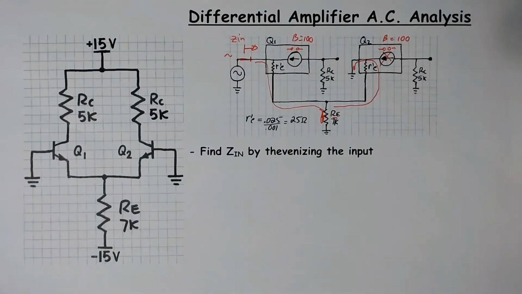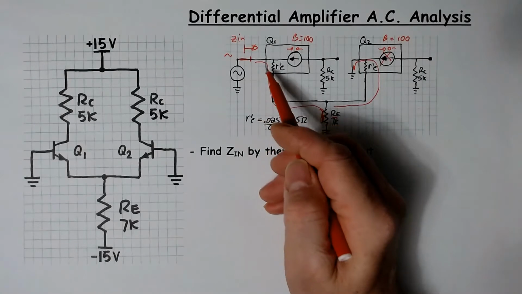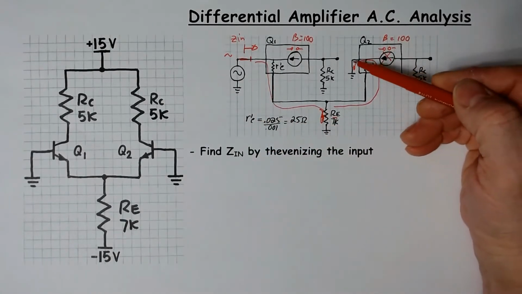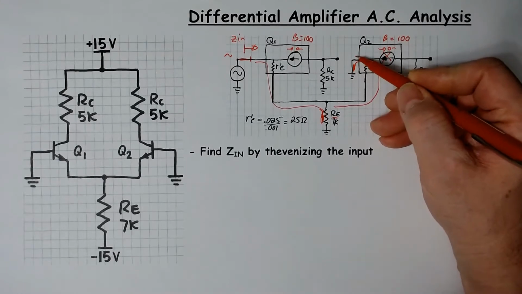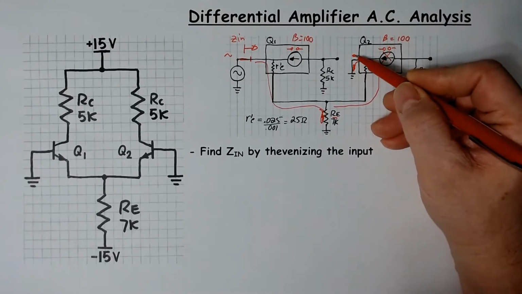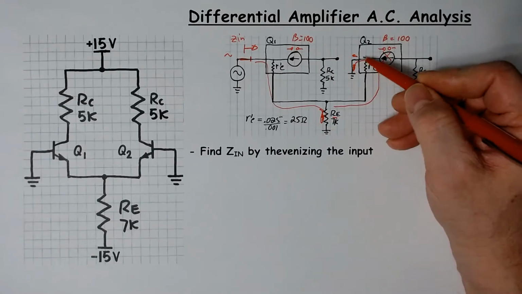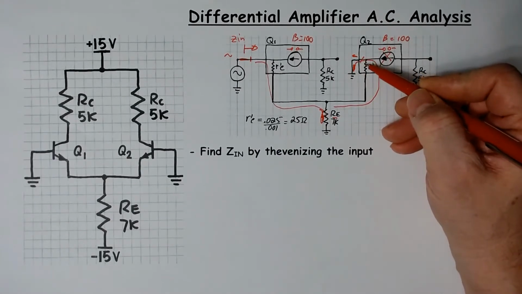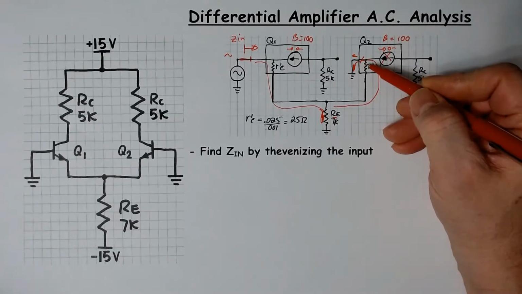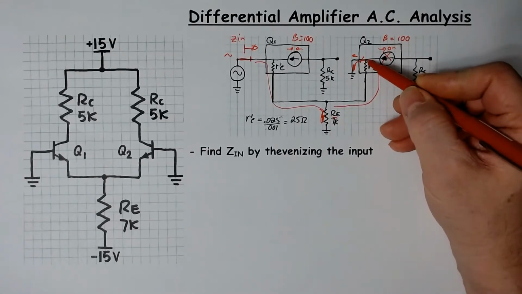In order to figure out the Thevenin equivalent in DC, sometimes you would start at the very far end. So we'll start here, and if we look this way, I would say the impedance to ground is a piece of wire, so that's 0. And when I come across the beta line, I would divide it by 100. Well, 0 divided by 100 is still 0, and then I get R'(E).